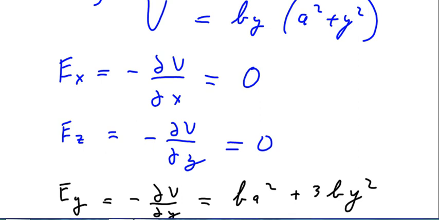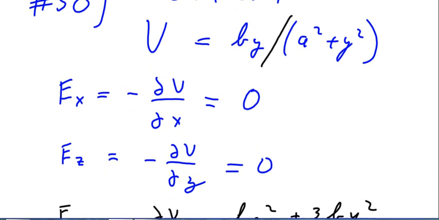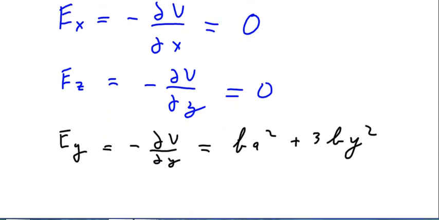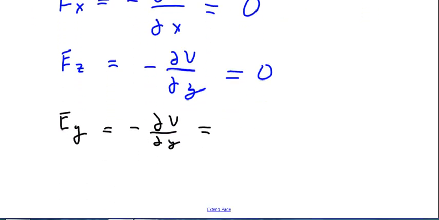Oh, bummer, I'm dividing. All right, so this is divided by... I messed up my derivative pretty badly. At least I got the first two right. All right, so that's B Y divided by A squared plus Y squared. So I have to think about that derivative.